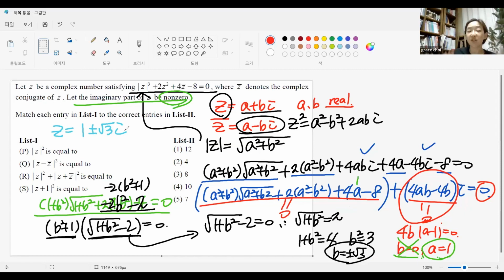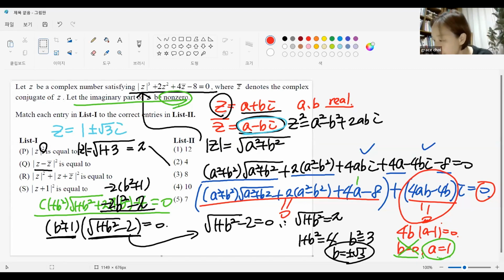Oh, matching. This is a matching question. So the modulus of Z, what is that? The modulus of Z is the square root of 1 plus 3, which is 2. And then square, so 4, like this. How about the difference of Z and the conjugate of Z? Literally get the difference, which is 2bi, right?